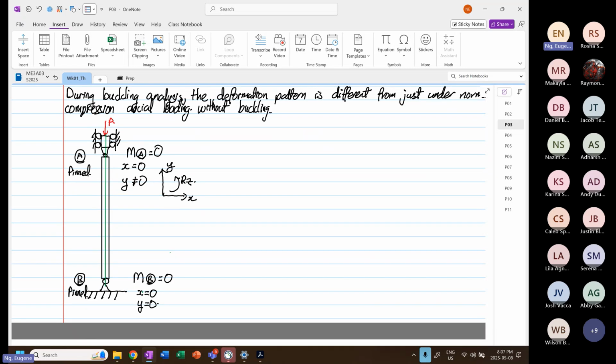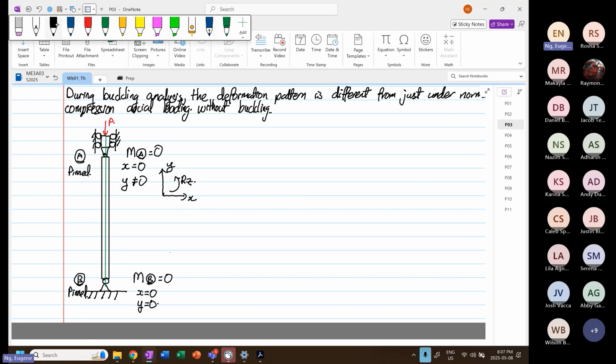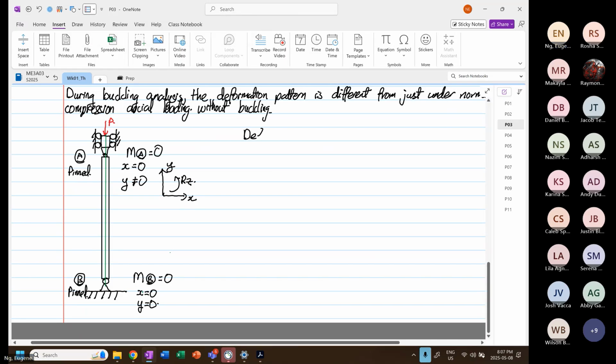Okay, so the next thing I'm going to do is sketch for you the deformation pattern during buckling. Okay, so the next sketch. So now if P increases, I'm going to sketch for you the deformation pattern during buckling.